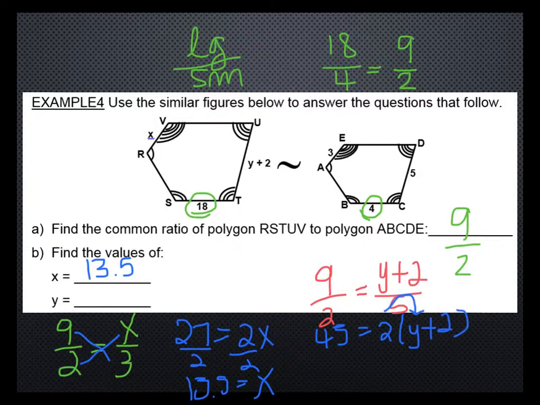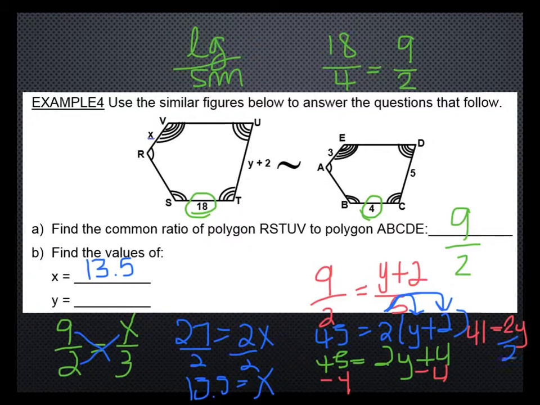Don't forget that when we have this, we have to distribute to both things. So we have 45 is equal to 2y plus 4. If we subtract 4 from both sides, we get 41 equals 2y. Divide both sides by 2, and y would equal 20.5.